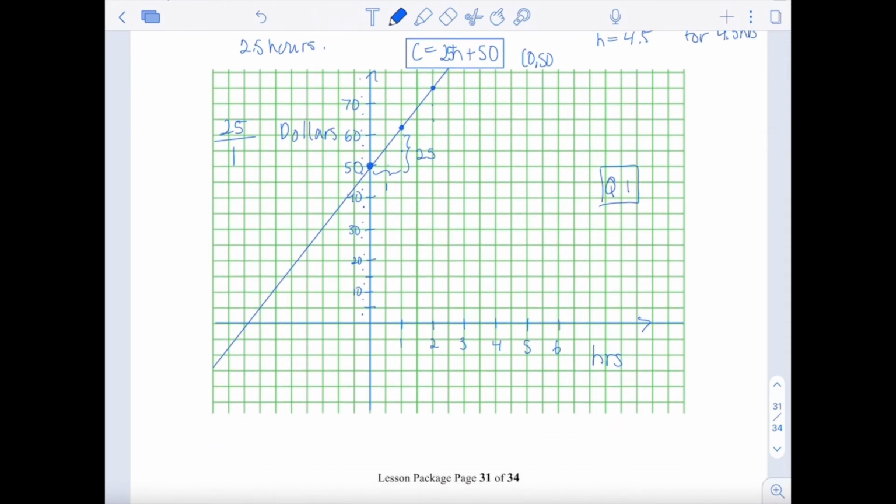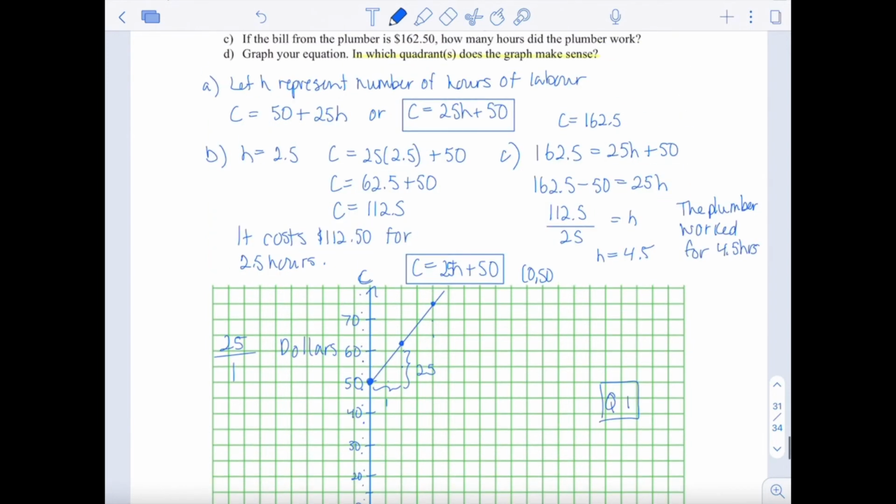So if I'm going to graph this properly, what I'm going to do is erase this line and realize that it can only exist in the first quadrant when x and y, or h and c, this is h actually, and this is c, are both positive, okay? So this question is very important. It only makes sense in quadrant 1, okay?